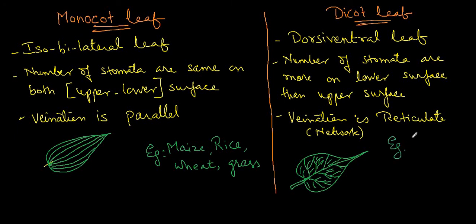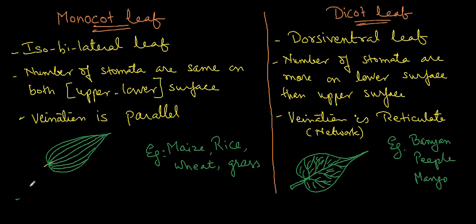Example, banyan tree, peepal tree, mango plant. So these are the examples where you can see the reticulate venation, and these are the examples of dicot plants. Here guard cells.